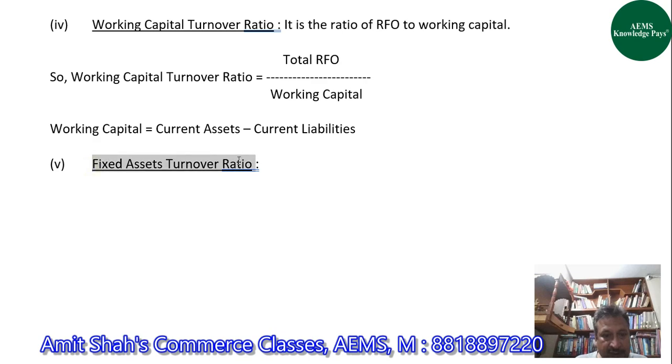Right? These two ratios are only for CBSE students. One is fixed assets turnover ratio. So it is the ratio of RFO to fixed assets.